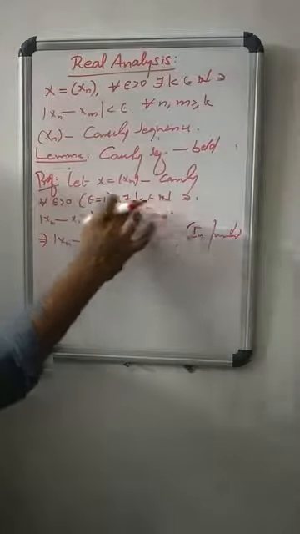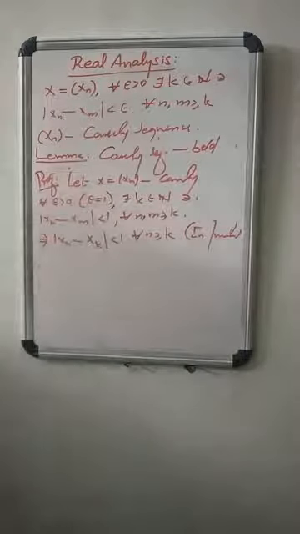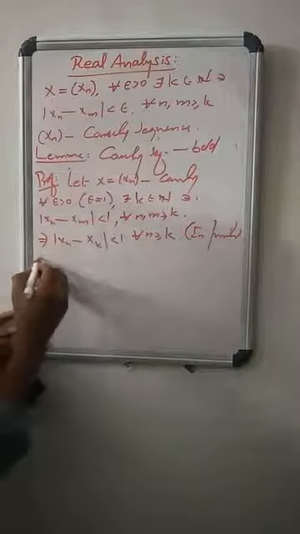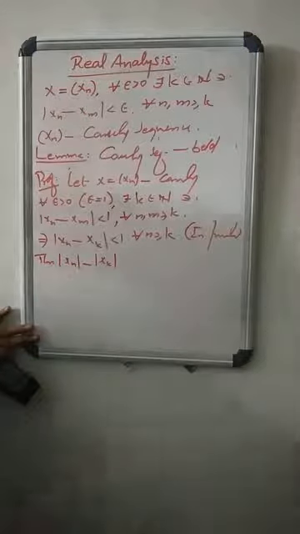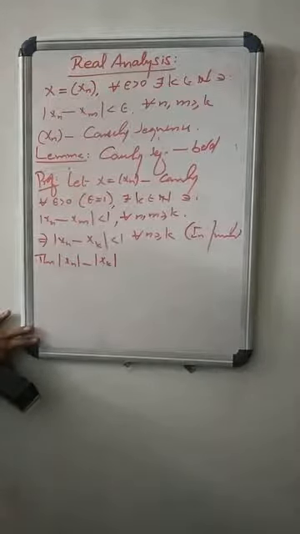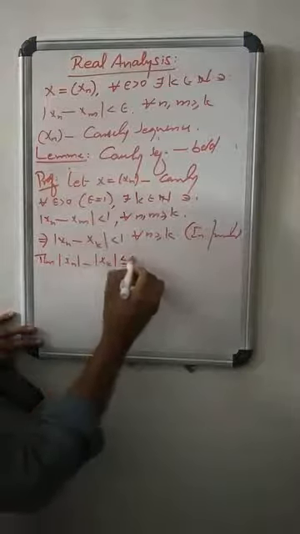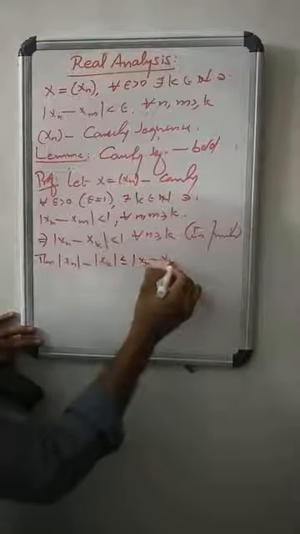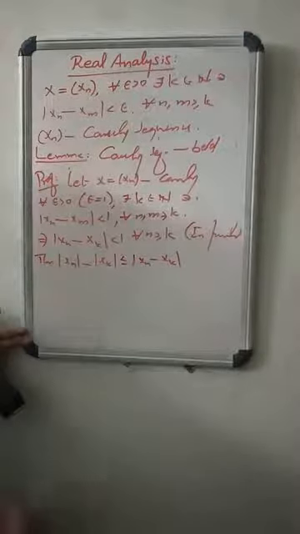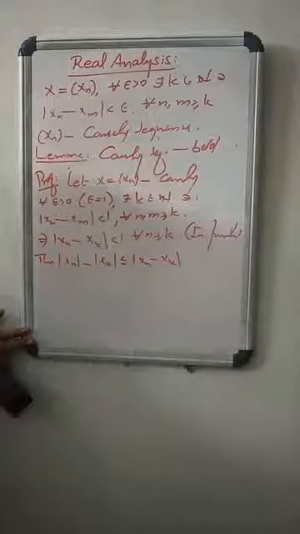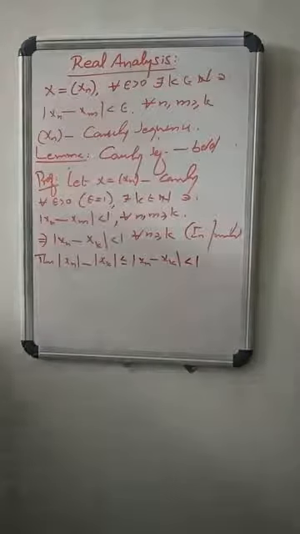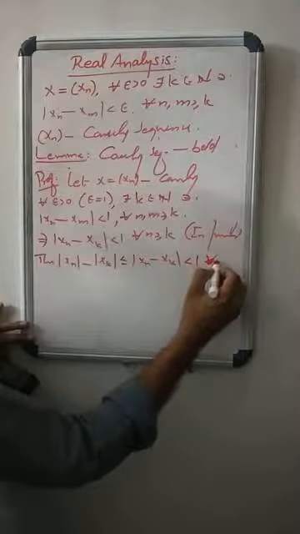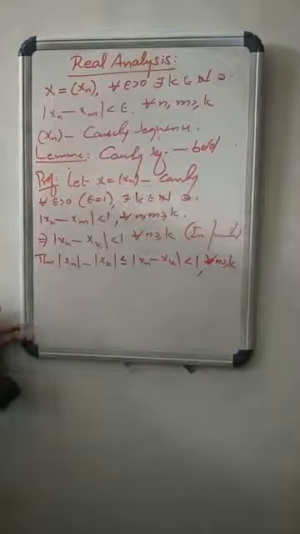We replace m by k because m is greater than or equal to k, so the result follows here. So mod xn minus xk is strictly less than 1 for all n greater than or equal to k. Then mod xn minus mod xk is less than or equal to, we know, modulus of xn minus xk, which is strictly less than 1 for all n greater than or equal to k.